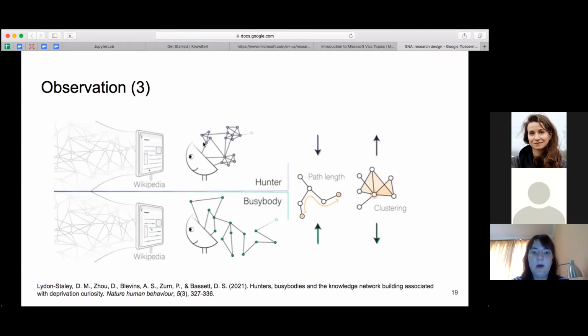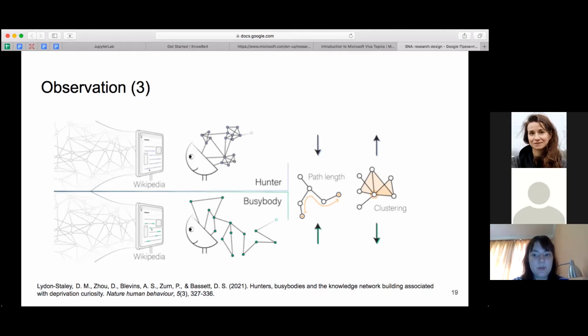For example, if I would like to study something about social networks, and then I would move to graph theory, then I would move to mathematics, then I would move to computer science, and then I would move around this very closely connected group of pages about one concrete topic. I would be a hunter who is searching about one particular concept.